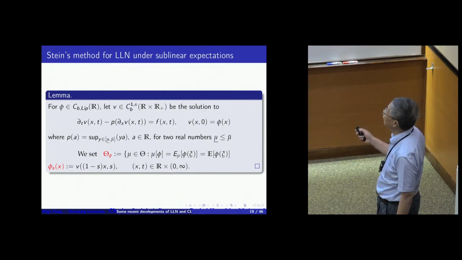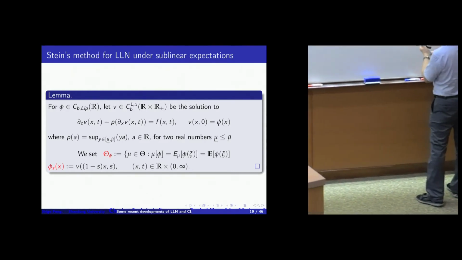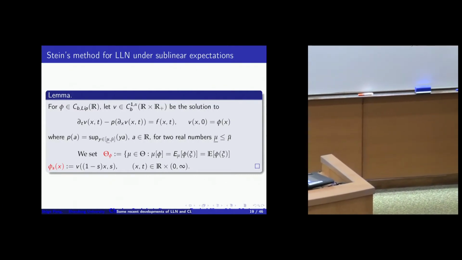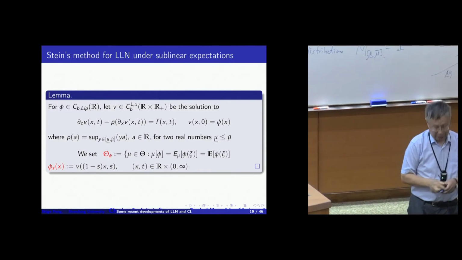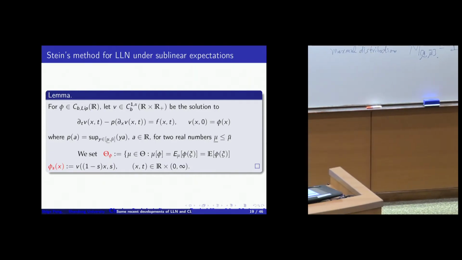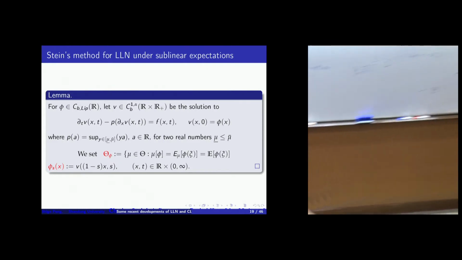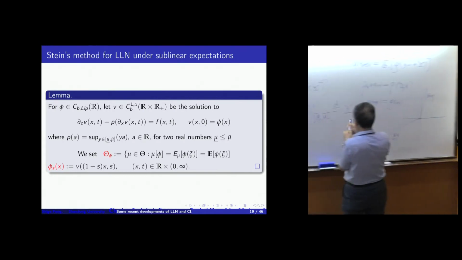The problem is how we can understand this P, which I wrote like this. P is a sublinear expectation. So you see, I need to understand it in this way, where V is the solution. Maybe it's better written like a V.